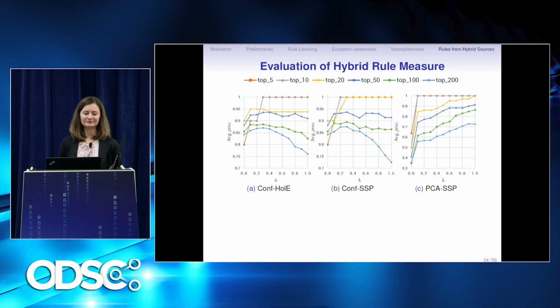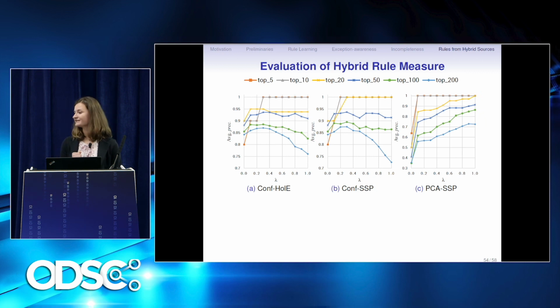What is presented here is the average precision of the obtained rules, where on the x-axis we see lambda, the factor that controls the weight put on the part of the measure coming from the embedding. So for lambda equal 1, we are relying only on the embedding model in ranking our rules. And for lambda equal 0, we only rely on the original knowledge graph.